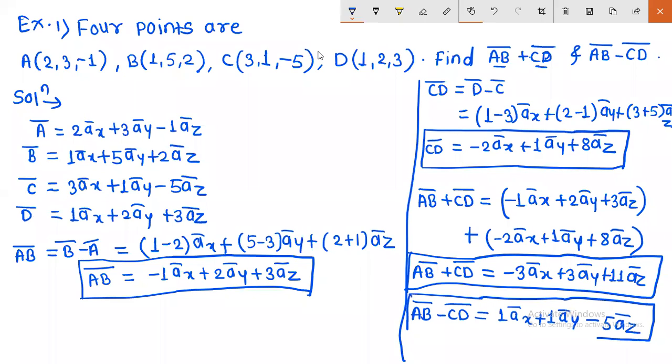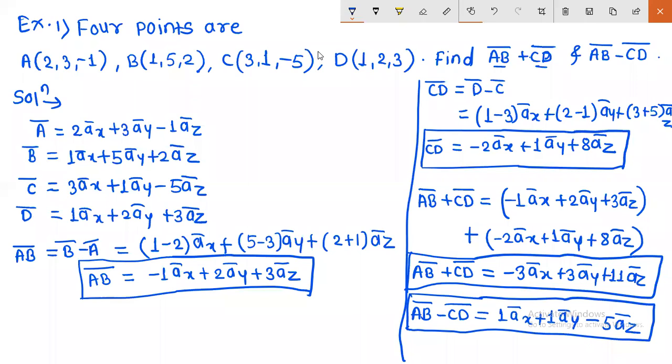So this is your answer. How is it looking? Simple or difficult? Simple. Yes, it is very simple addition and subtraction.